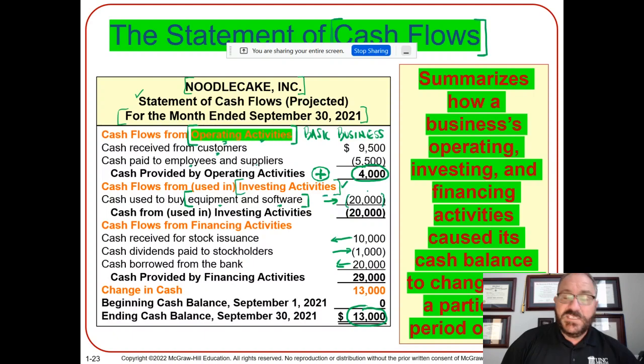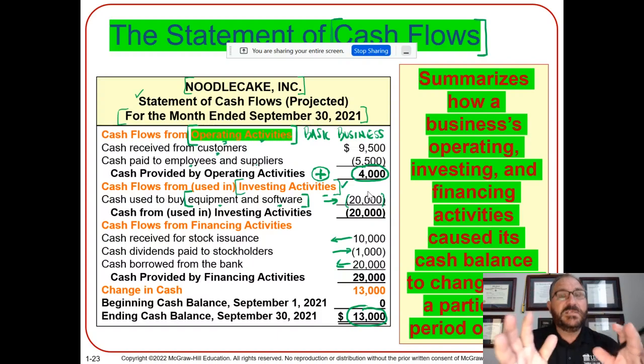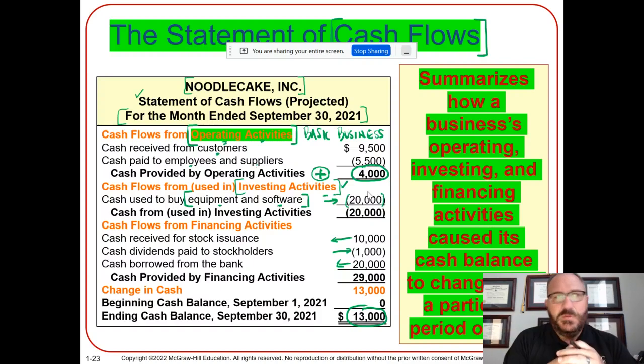Okay? So you would normally expect to see a negative number there. Now, you could see a positive number there. What that would mean would be you sold some of your equipment or you sold some of your software or some of your assets. Now, the thing is, that's okay if you didn't need it. So let me give you an example. Let's say you opened up your Subway sandwich shop and you bought 4 ovens to cook the bread in.